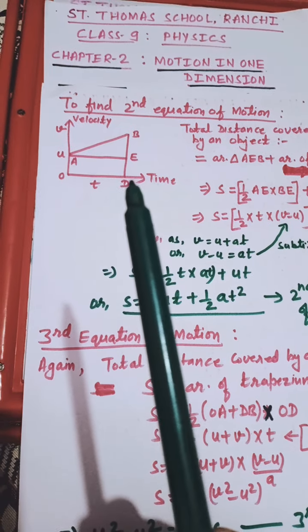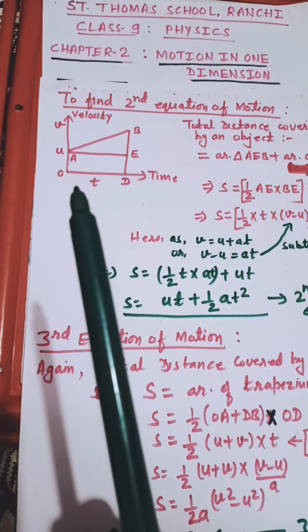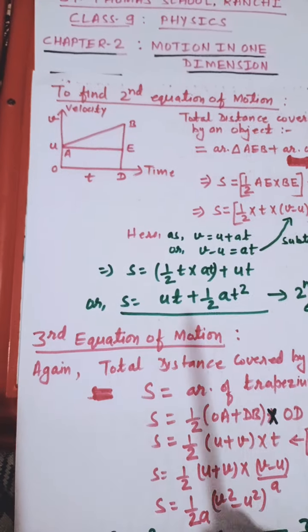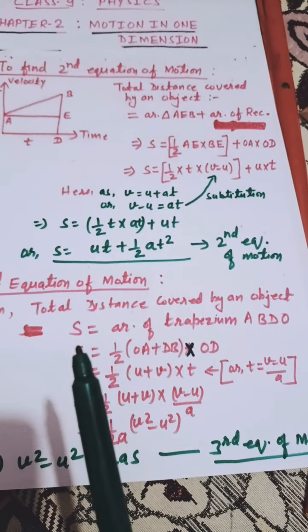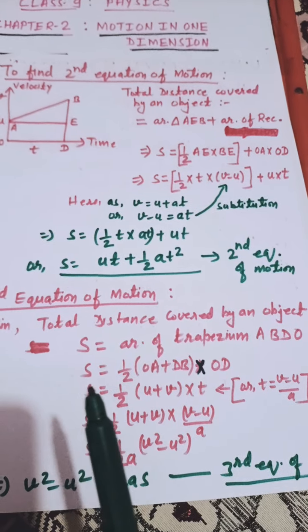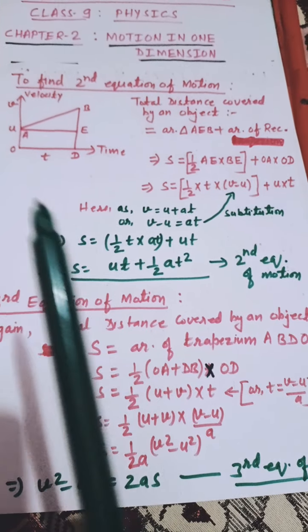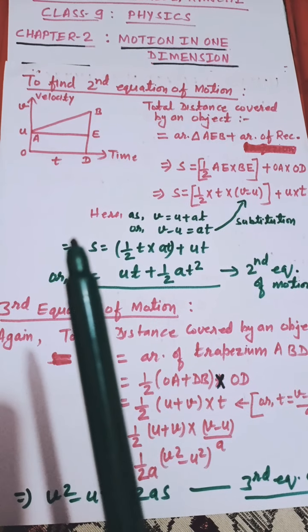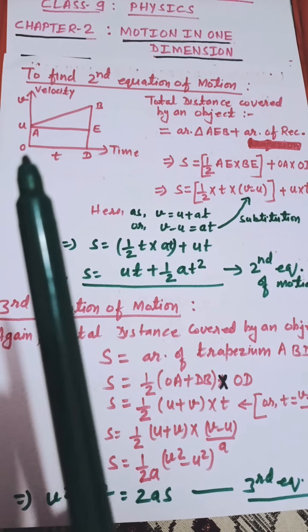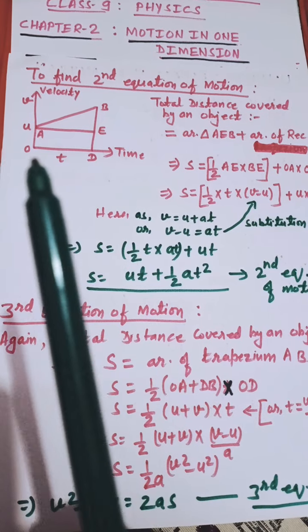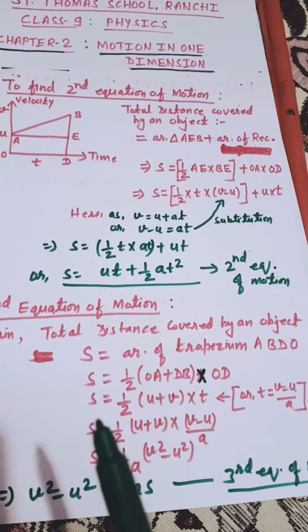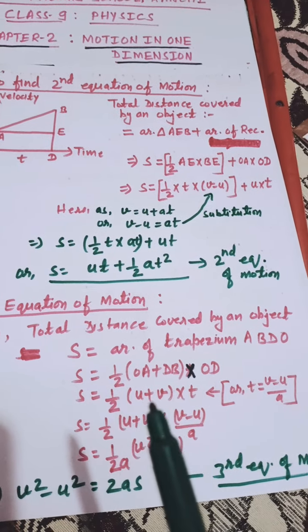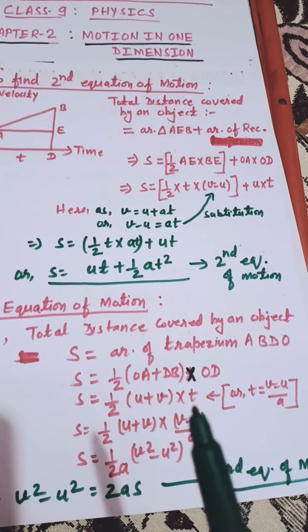We find the area of this trapezium to get the total distance covered by the object. For the area of the trapezium we use the formula half the sum of parallel sides into the height of the trapezium, OD. So when we add, we get s is equal to half into u plus v into t.